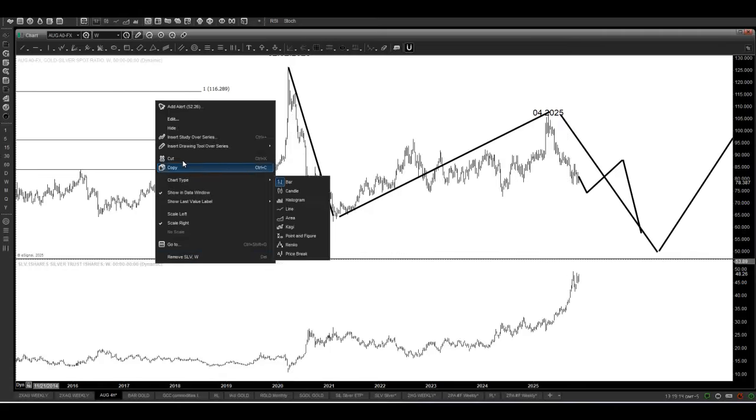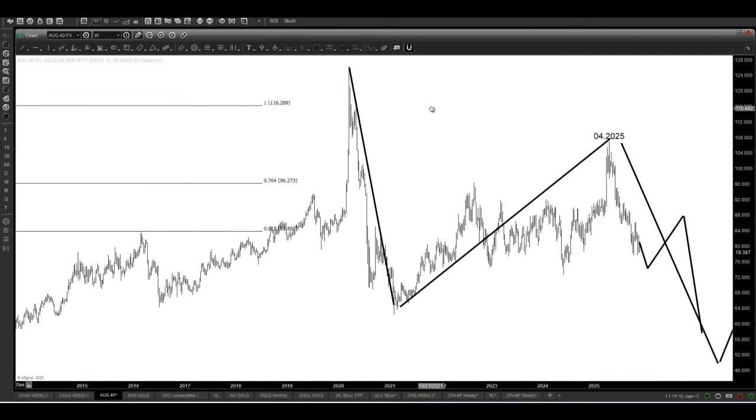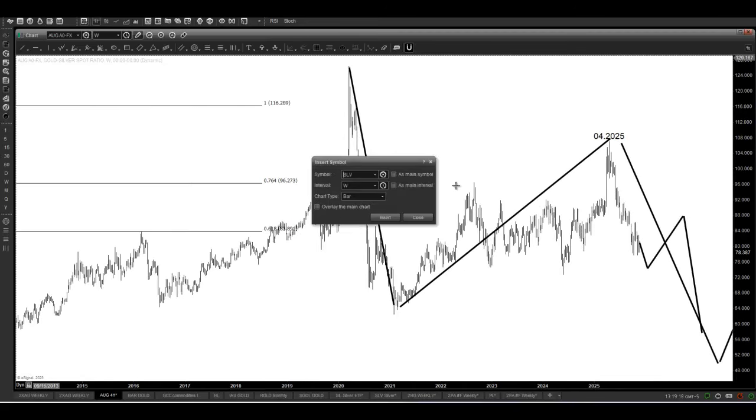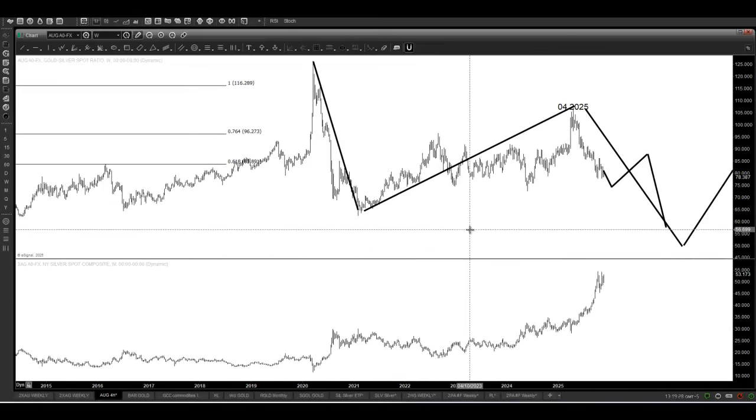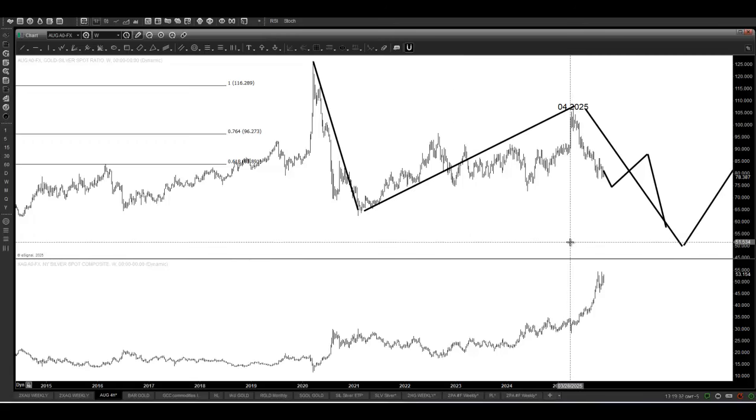If we put silver with the ratio, it is even much better. You're going to see the inverse correlation and the acceleration they started here.